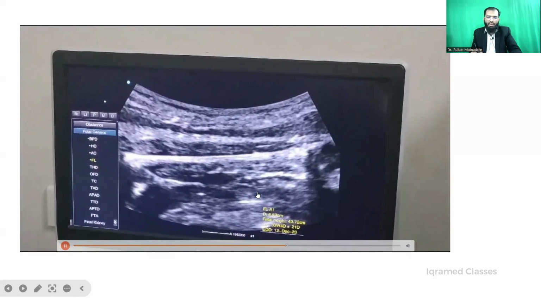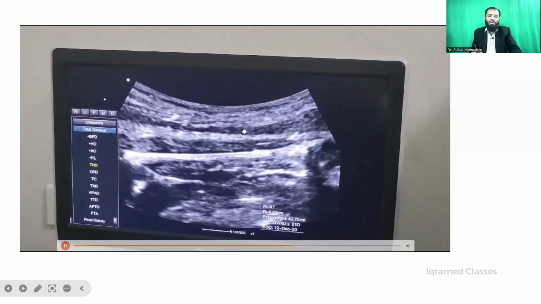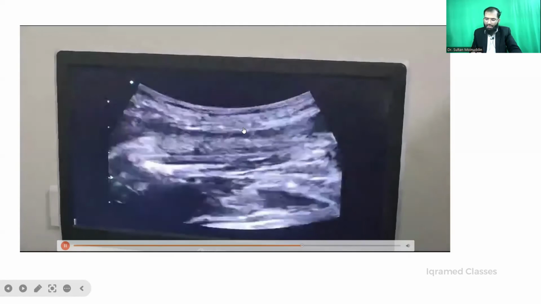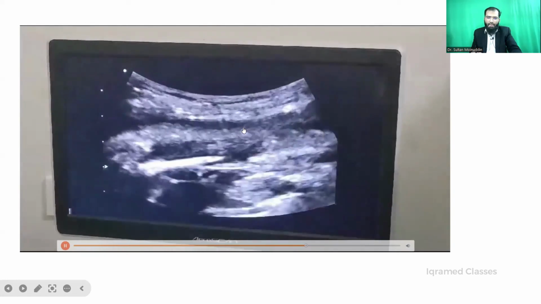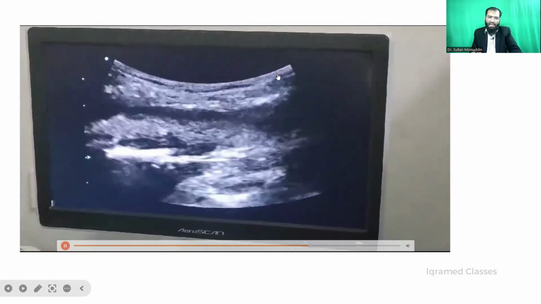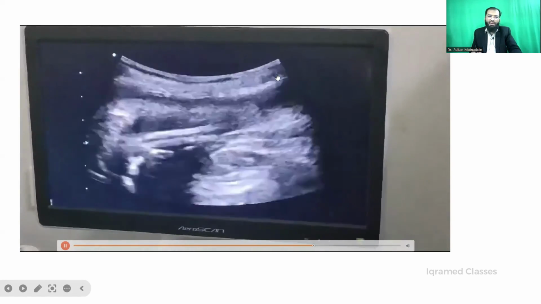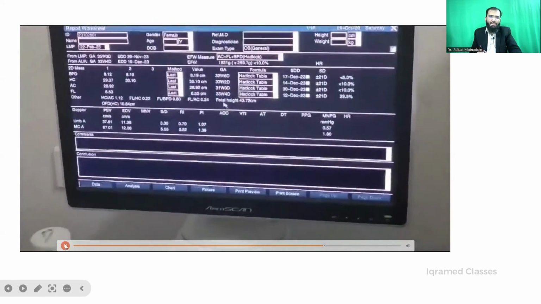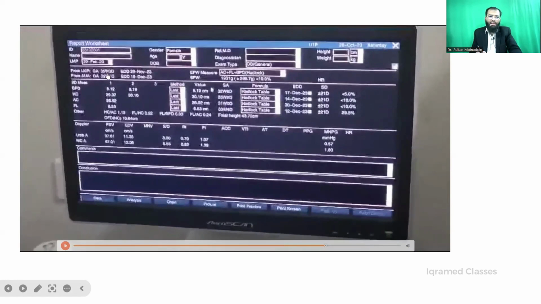Once you measure the FL, then out of these four parameters, what you get is the estimated fetal age, and you also get AGA, or average gestational age, and estimated fetal weight, that is EFW. This is the report you would get. Now look here very carefully.